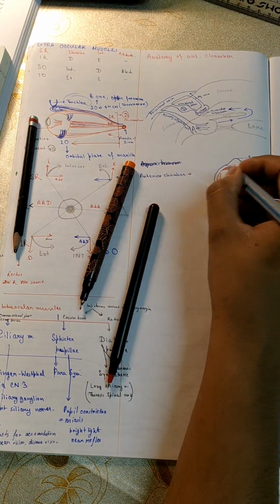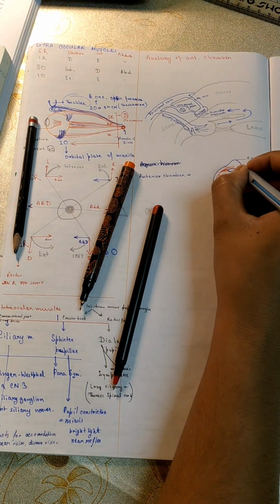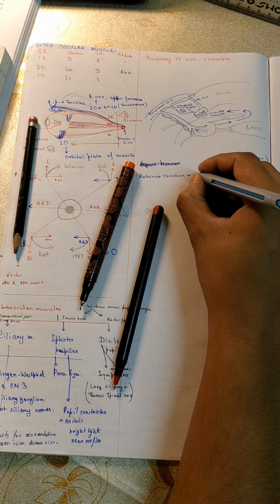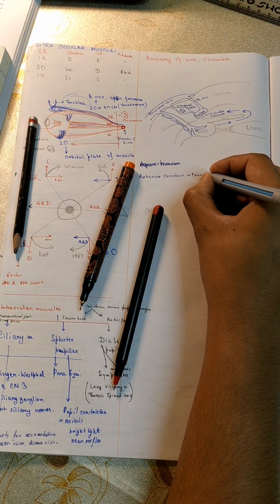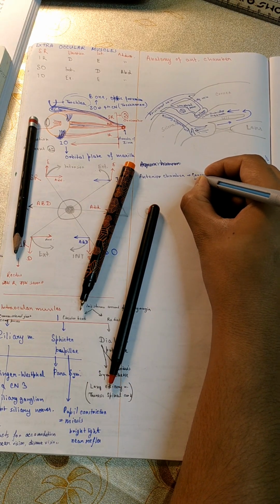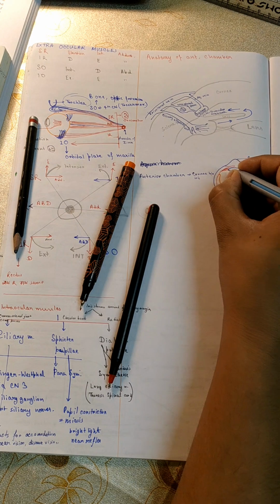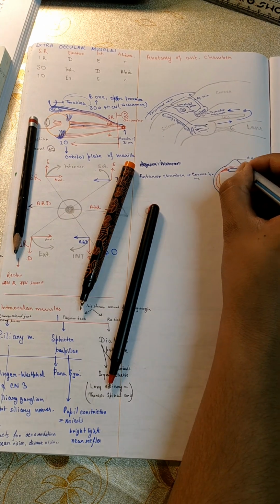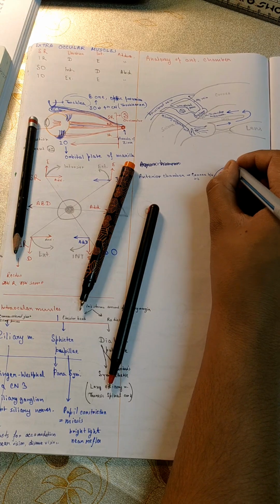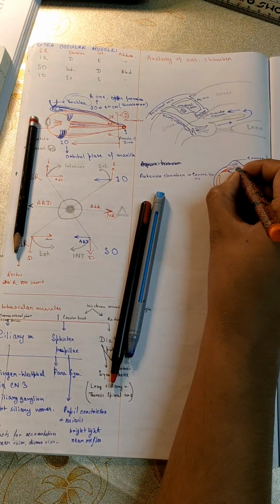Okay, so what is anterior chamber? Anterior chamber is between the cornea and iris. So cornea and iris. Okay, this part is anterior chamber. What is posterior chamber then?